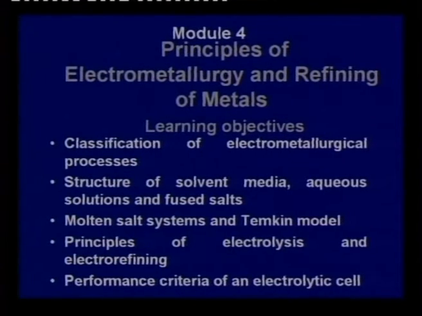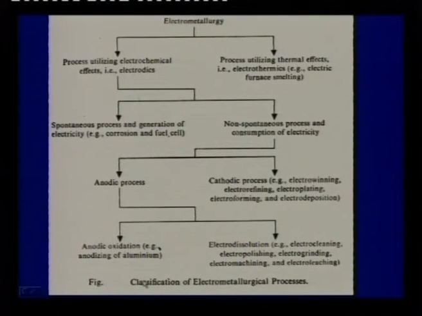We have given a classification of electrometallurgical processes. We have talked about the structure of solvent media, aqueous solutions and fused salts where electrolysis takes place. Then we have gone into some very interesting discussion of molten salt systems and the Temkin model. We have talked about principles of electrolysis and principles of electrorefining. Then we have talked about performance criteria of electrolytic cells.